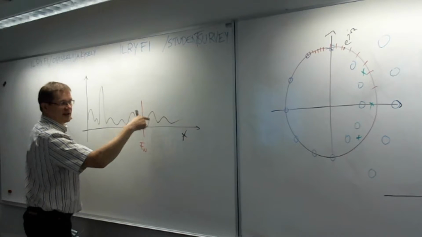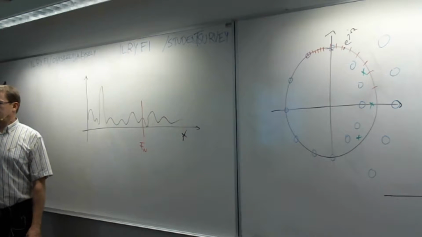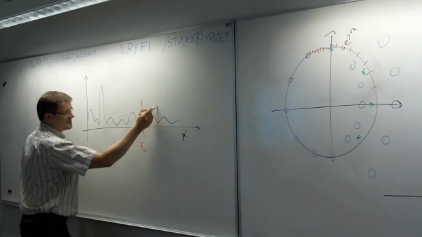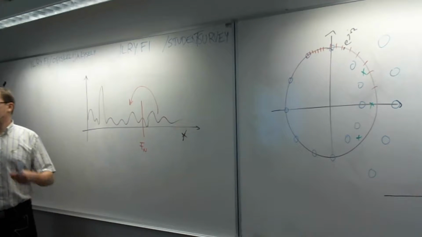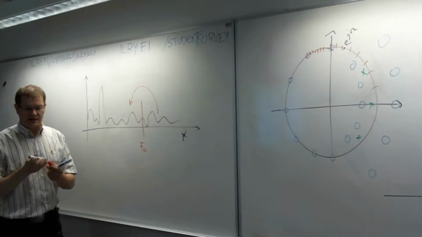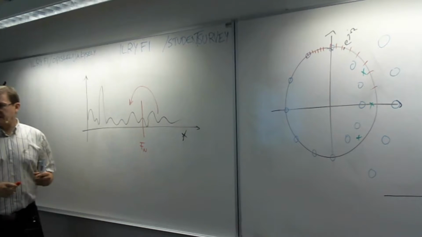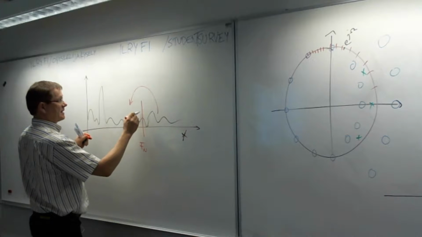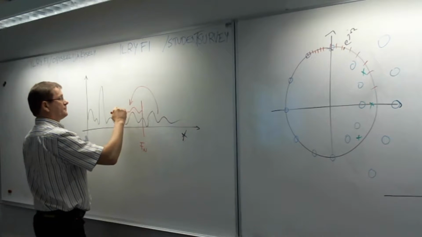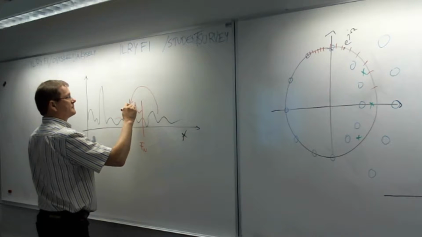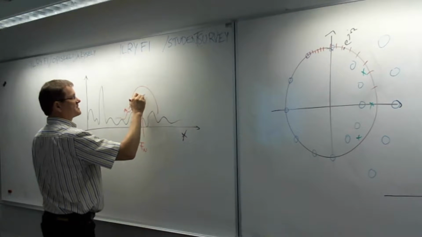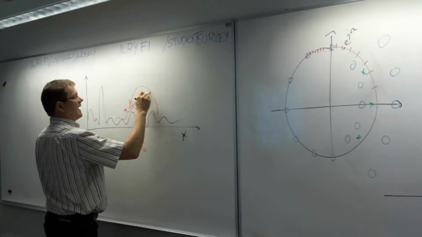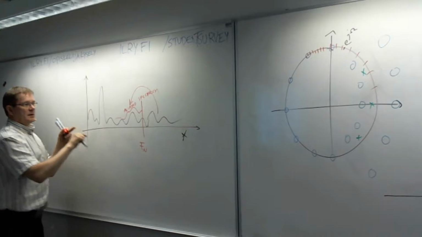what happens to that part of the spectrum? It aliases. We do the same aliasing error as we did in the very first lecture. So this one aliases here, and you get the aliased spectrum at the top of this one.